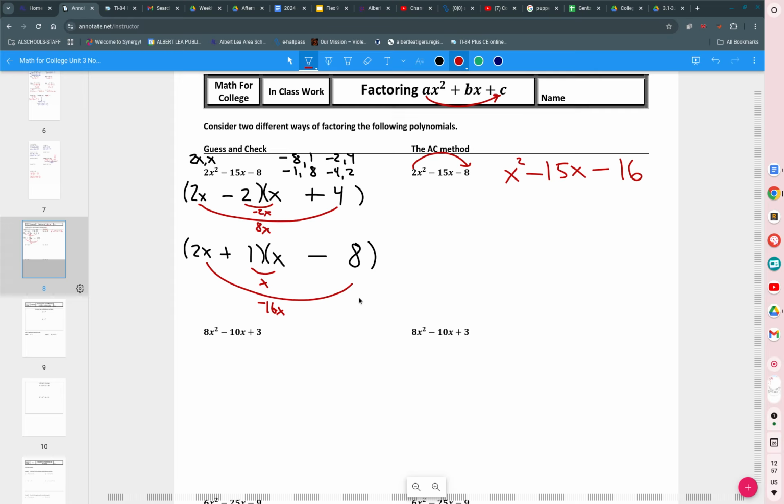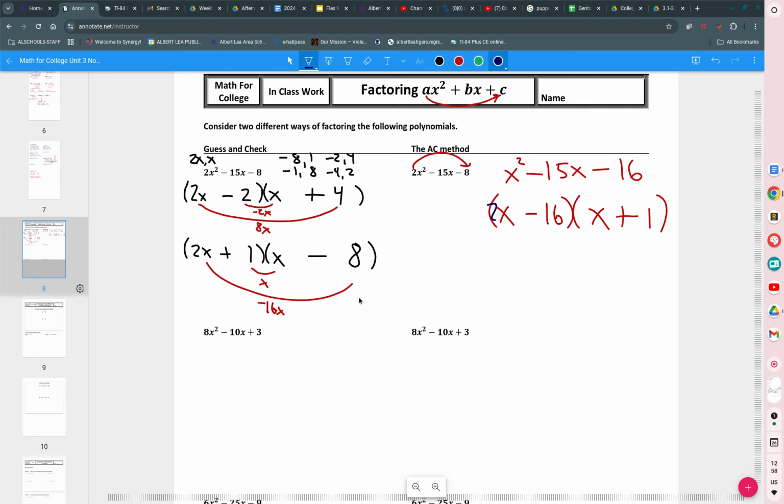Yeah. Okay. Well, it turns out that this guy factors right here. It factors to x minus 16 and x plus 1. Are we okay with that? Mm-hmm. So I got rid of the 2, so I bring it back in.